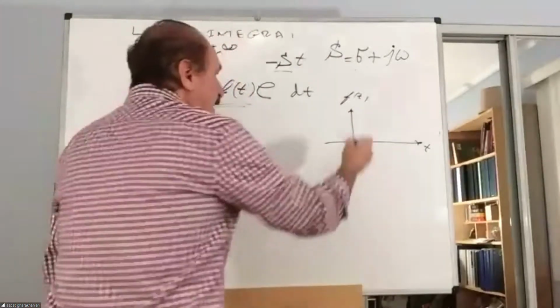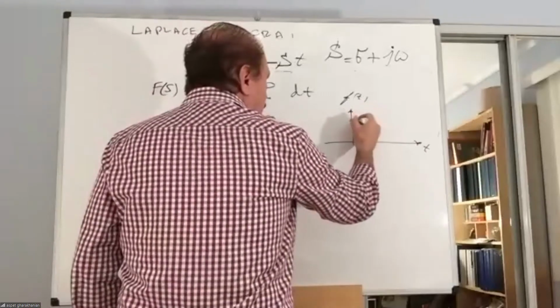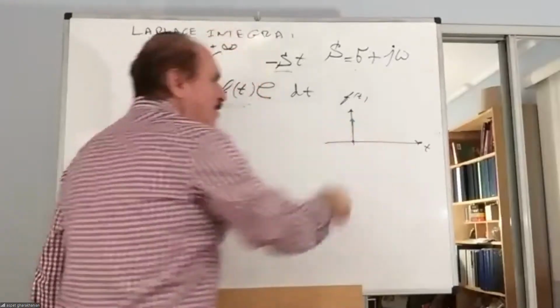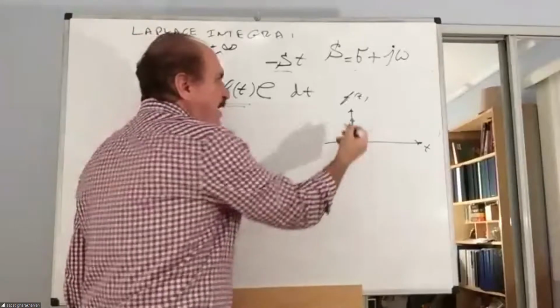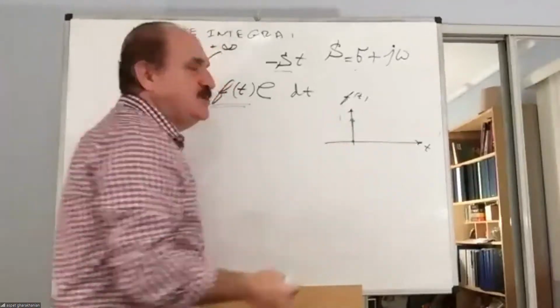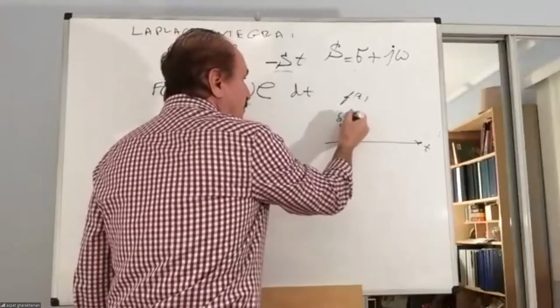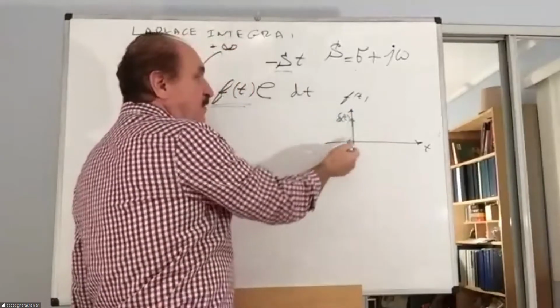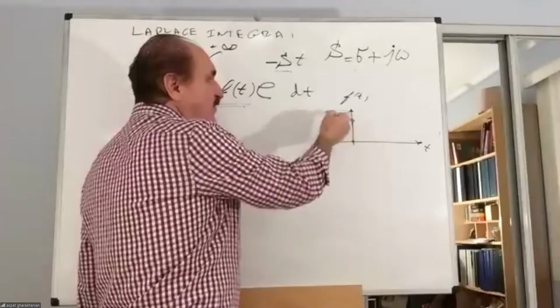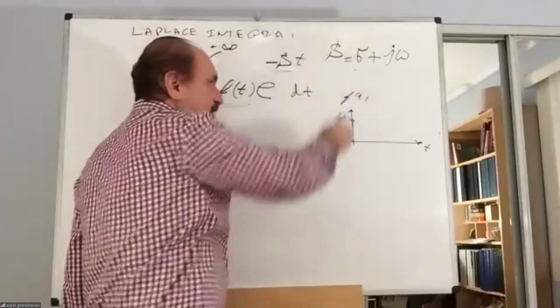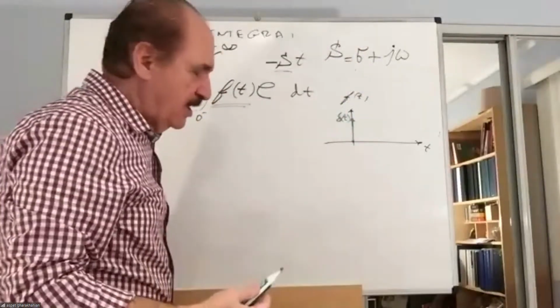Impulse is shown by just an arrow. If 1 unit of arrow is shown, it means it is 1 unit of impulse, delta t. If it was 5 units of delta t, then it will be 5 times delta t. It will be a bigger arrow. So this is our impulse.